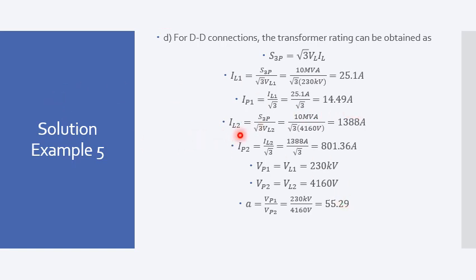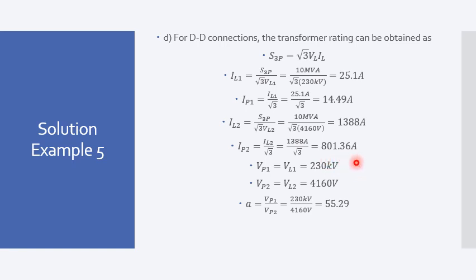We have to calculate the line current. S total divided by √3 V line 2 is 1388 A. And for the phase current, we have to divide by √3 because of the delta connection.